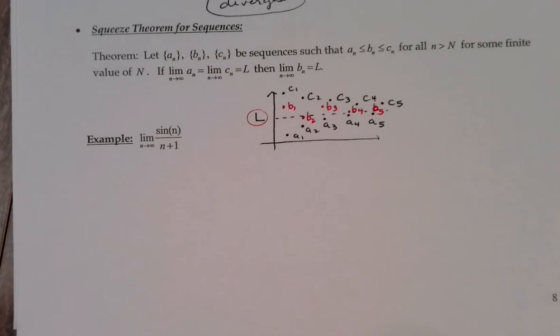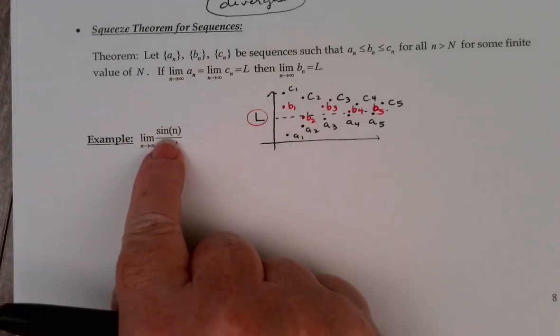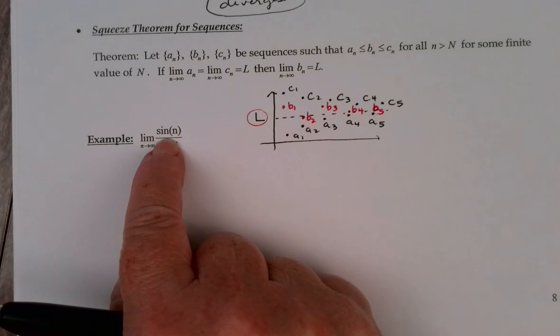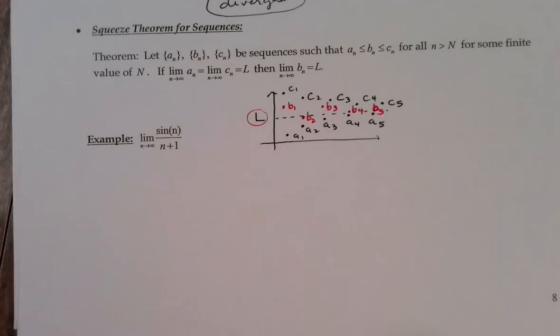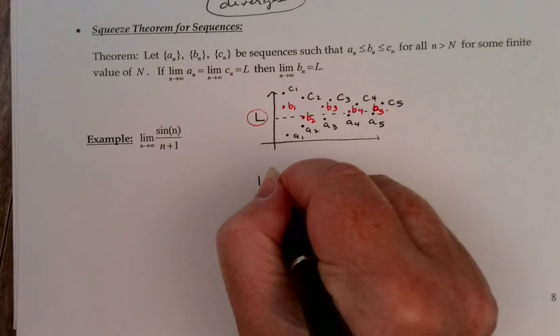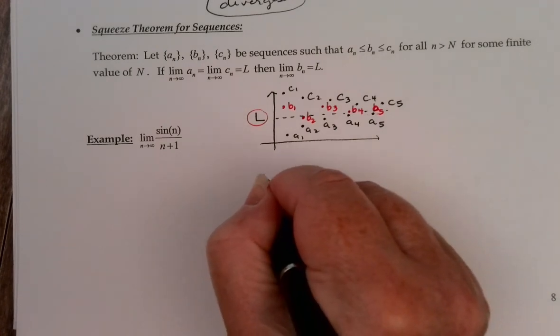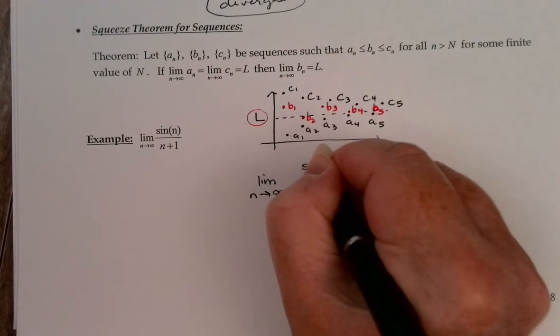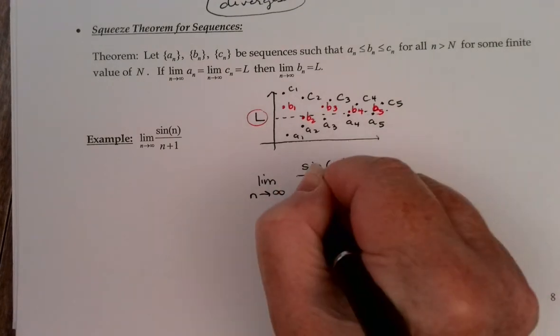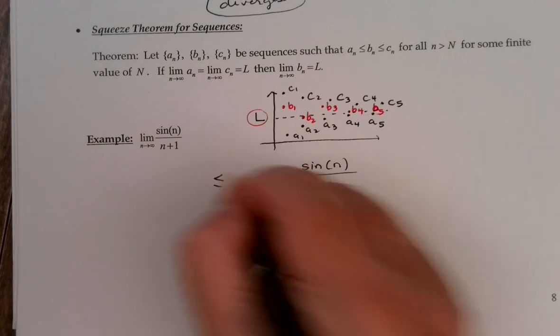So here's kind of a classic example of a squeeze theorem problem. I've got the limit of sine n over n plus 1 as n goes to infinity. Right? We know the sine function always gives us a result between -1 and +1. So what I could do is say this limit that I'm trying to find is in between.